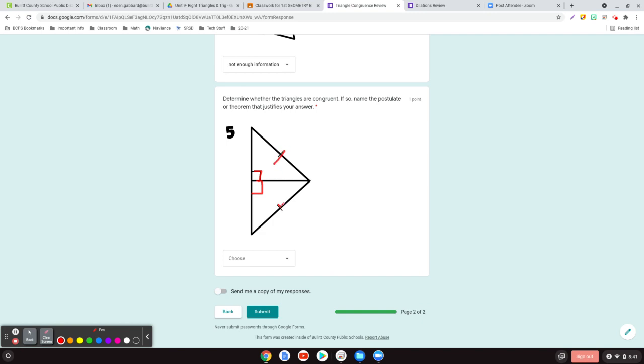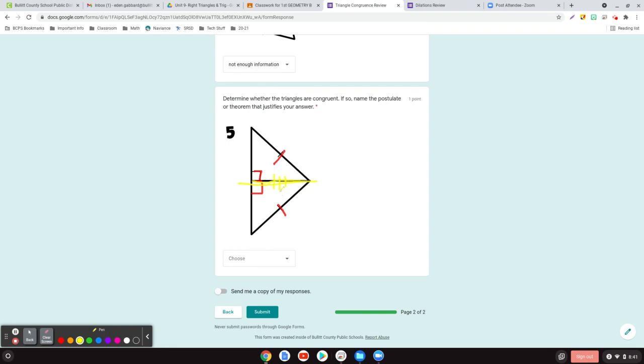We know that these sides are congruent. So when we have our right angle, remember our HL, we need to know that the hypotenuse on both triangles is congruent, and then we need to know about a second side. Well, because these two are touching and they have this reflexive side right here, that means that this side is congruent too. This leg is congruent.